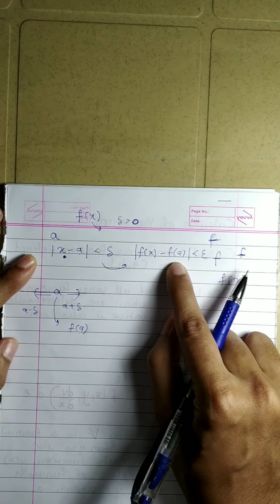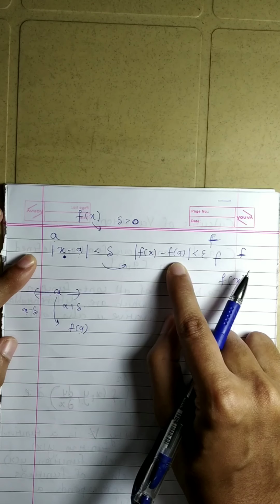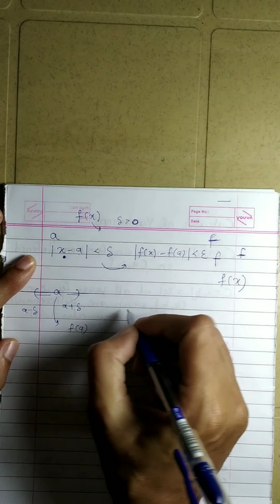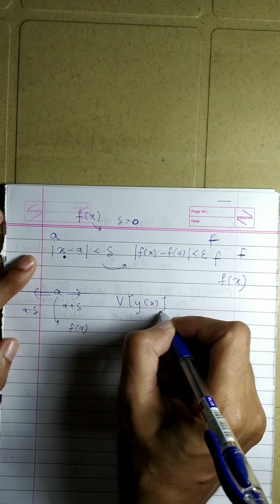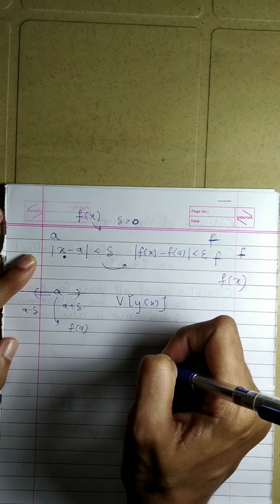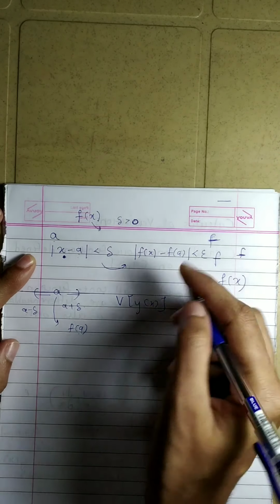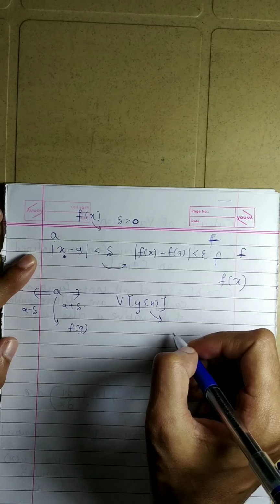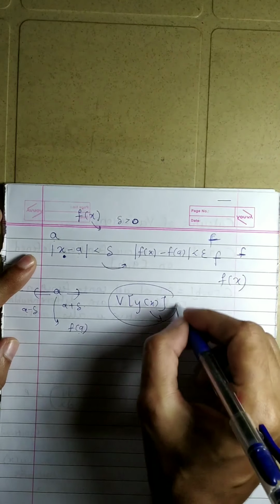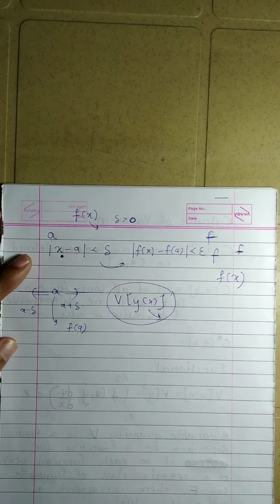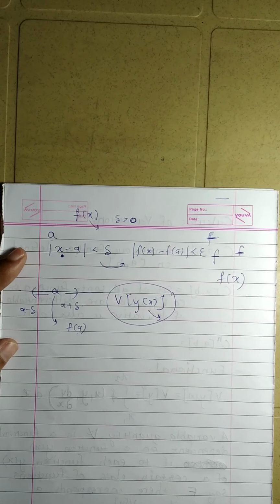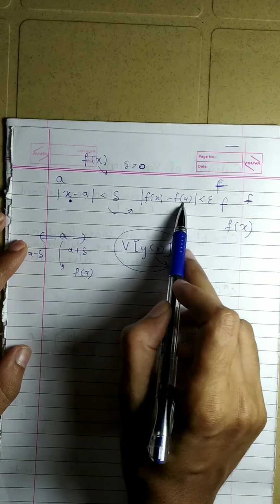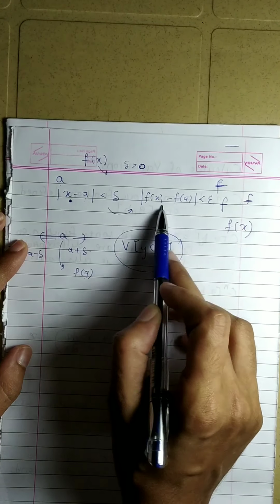Similarly, when we talk about the continuity of a functional, a functional v of y of x is called a continuous functional if for a small change in this y of x there is a small change in the value of v of y of x. Now when we say this small change in this, for a small change in this there is a small change in this.